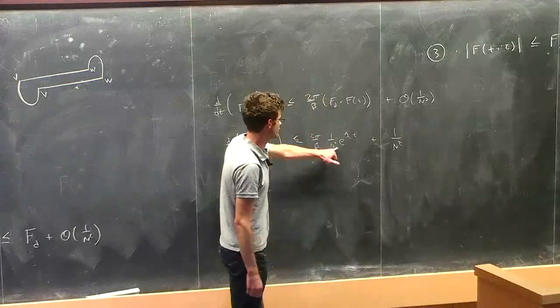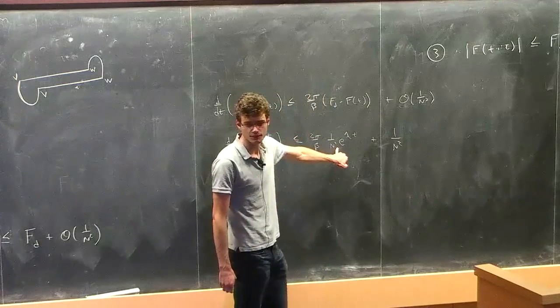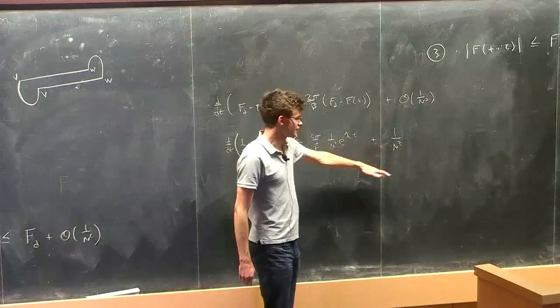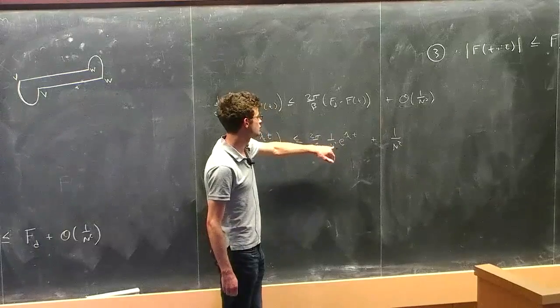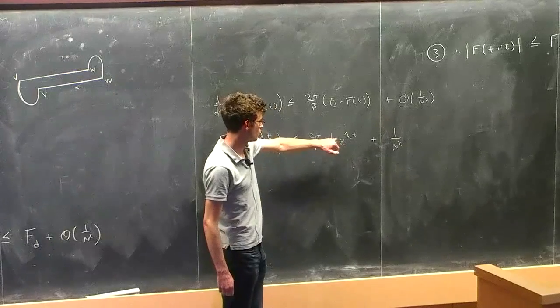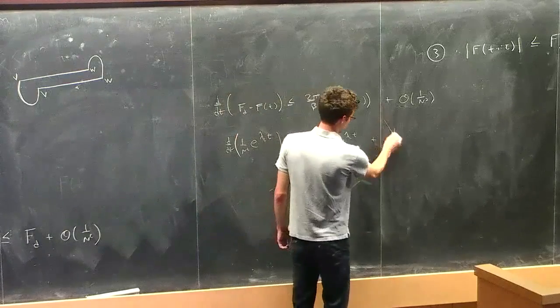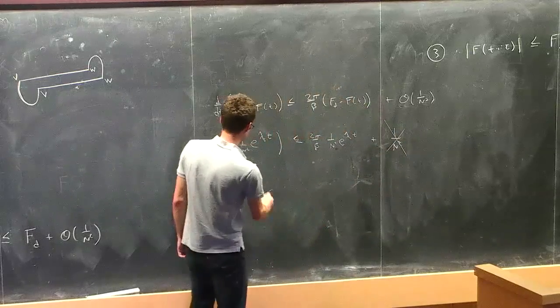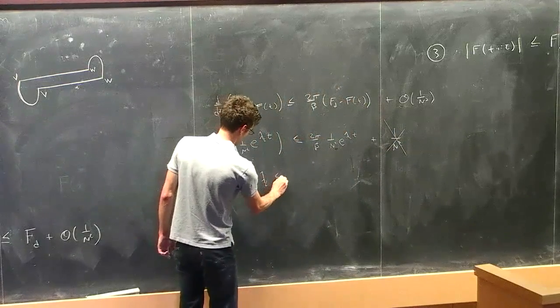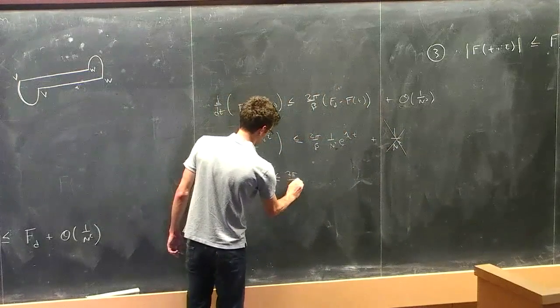The point is that this term on the right-hand side is growing exponentially with time. This one is not. So as soon as t is a little times 1 over lambda L, we can ignore this term, and we conclude that lambda L is less than or equal to 2 pi over beta.